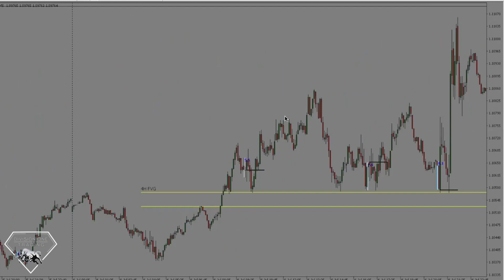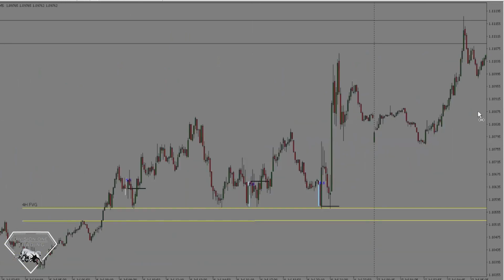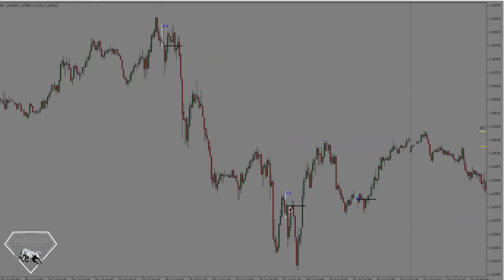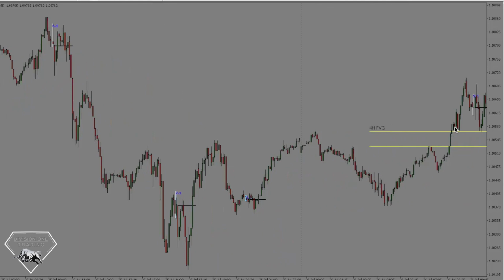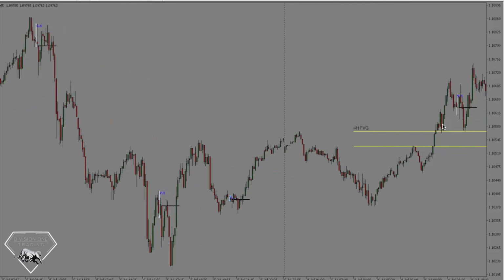We know that there is that fair value gap up there. So right here, it starts trading higher. Now, right here, we form a new fair value gap on the 4-hour. So if you went short here, I wouldn't blame you.